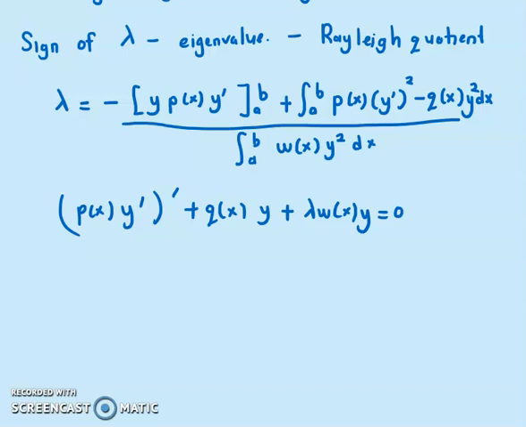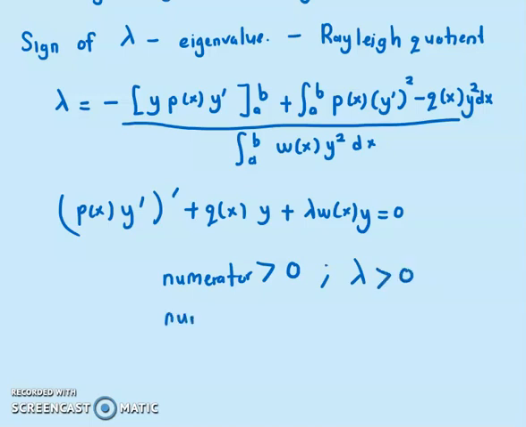So in order to use this, you must make sure the given equation is in the standard form. What we need to do here is just check the numerator, to see whether the numerator is greater than 0. If the numerator is greater than 0, then your lambda will be greater than 0.